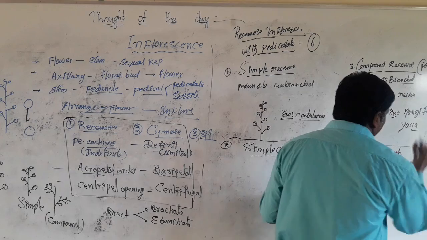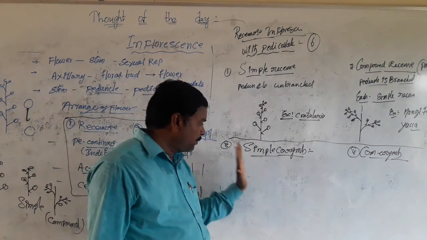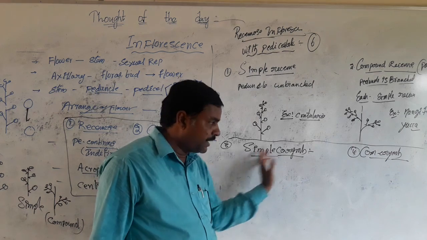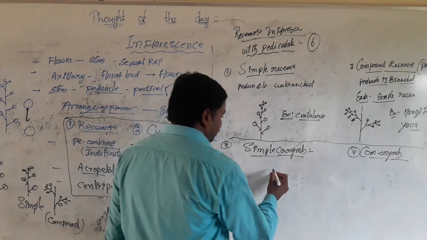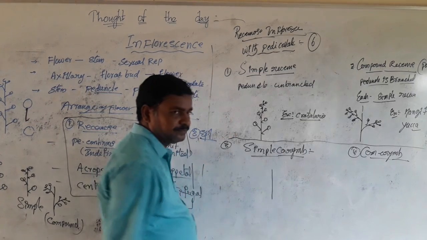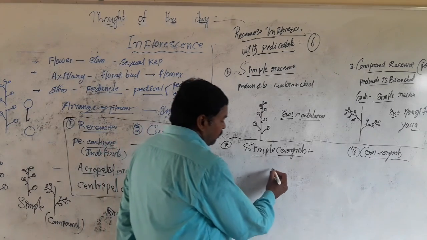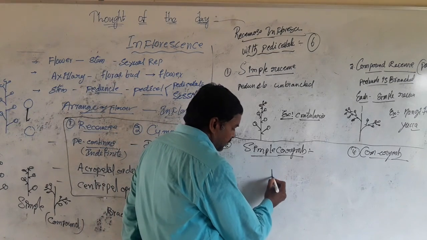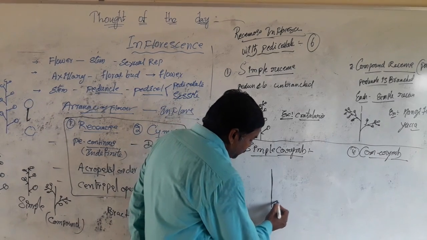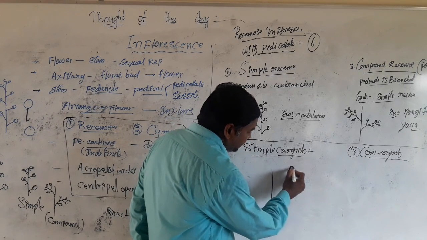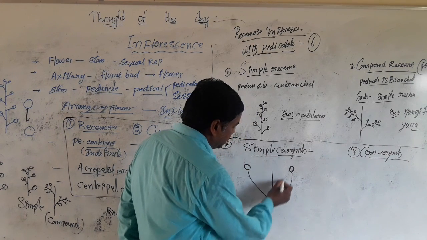Compound corymb inflorescence. Same as before: simple, peduncle is unbranched; compound, peduncle is branched. For example, this is an inflorescence, and this is the peduncle. The peduncle shows continuous growth and produces many pedicellate bracteate flowers in an acropetal order.